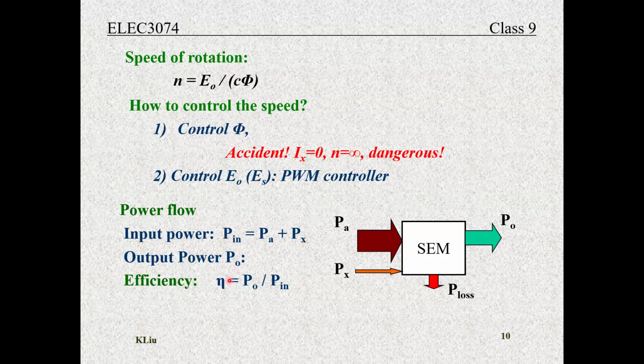The output power, we lost the formula here, but do we remember that? Again, torque equals torque times speed over 9.55.